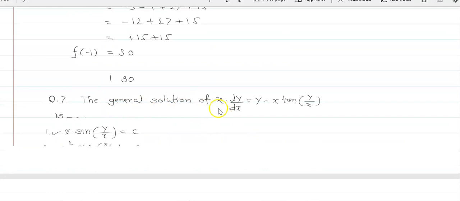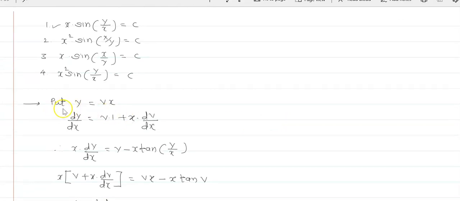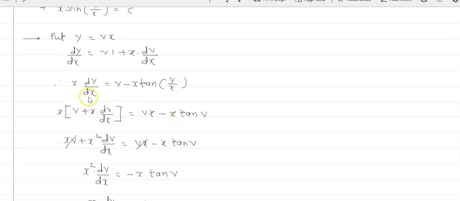The general solution of x dy by dx equals y minus x tan of y upon x. These are the options. Put y equals vx, differentiate, and apply the product rule. Substitute the value of dy by dx.